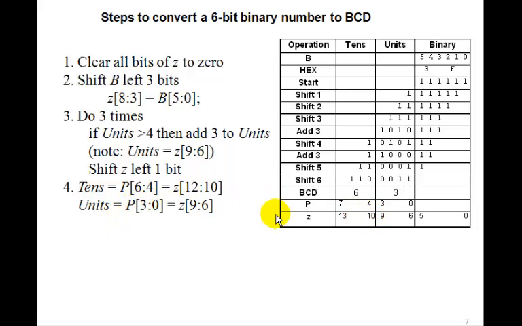And the units, P 3 down to 0, is just Z 9 down to 6. So that's the algorithm that we could implement to convert any binary number to the corresponding BCD number.